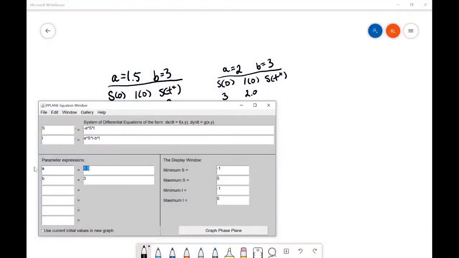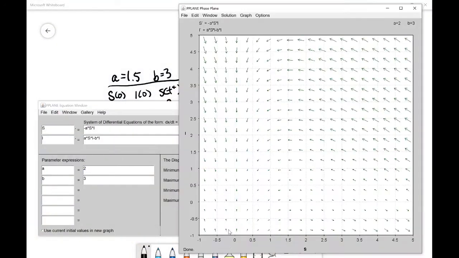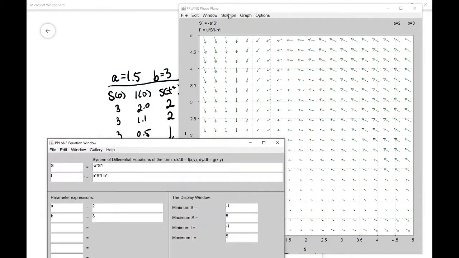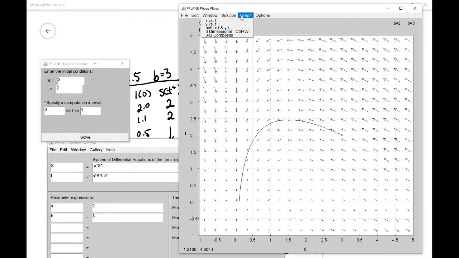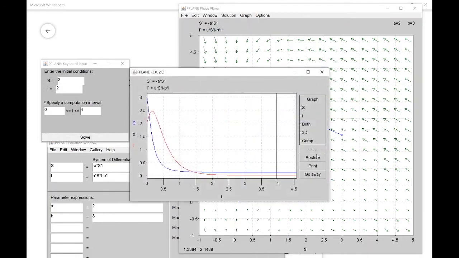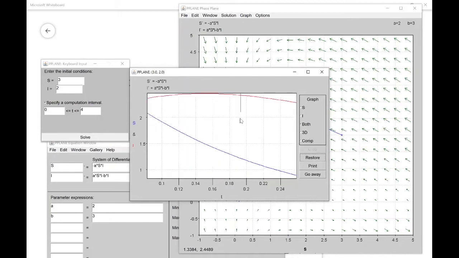So we're going to change the value of A here to 2 and graph this phase plane. We're going to use the same initial conditions. So S equals 3, I equals 2, solve, graph, and we should find that when the number of infected is at a maximum, right around here, looking down, we see that S is equal to 1.5.